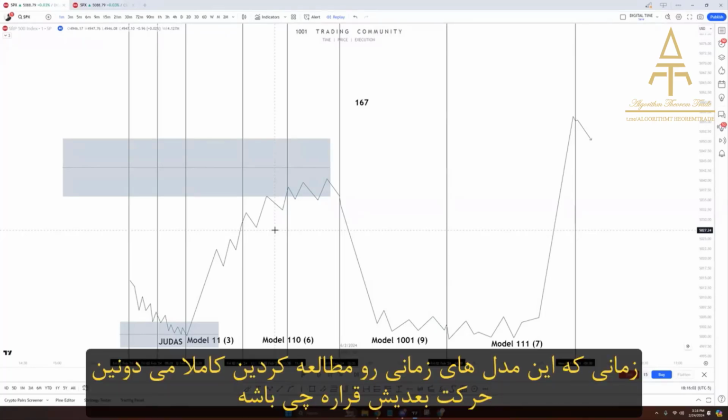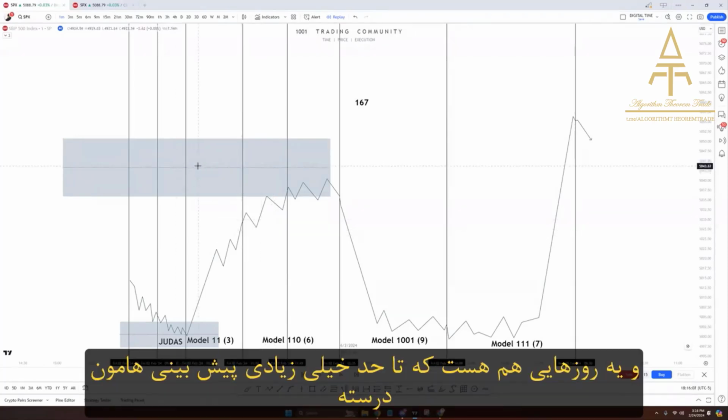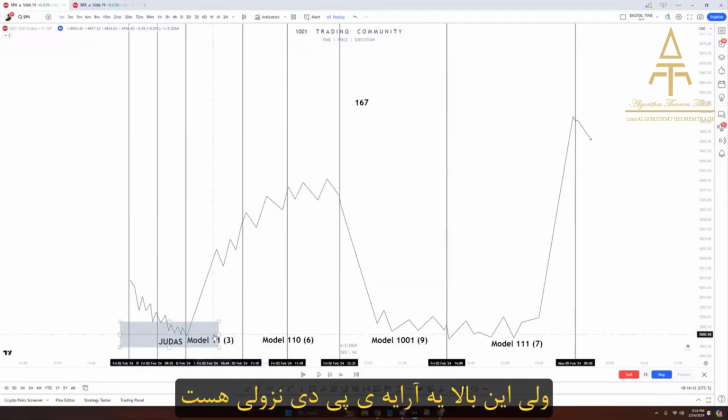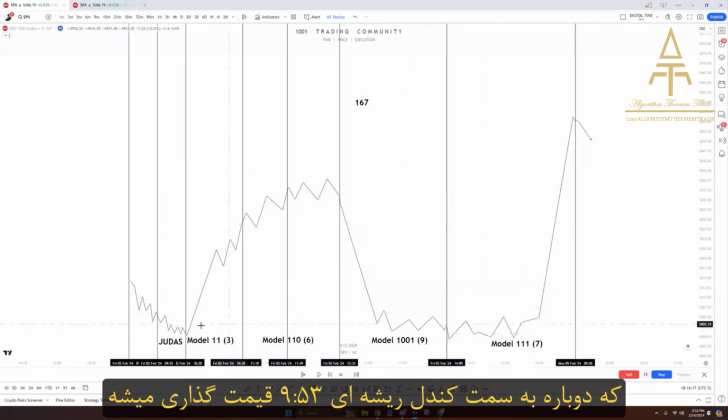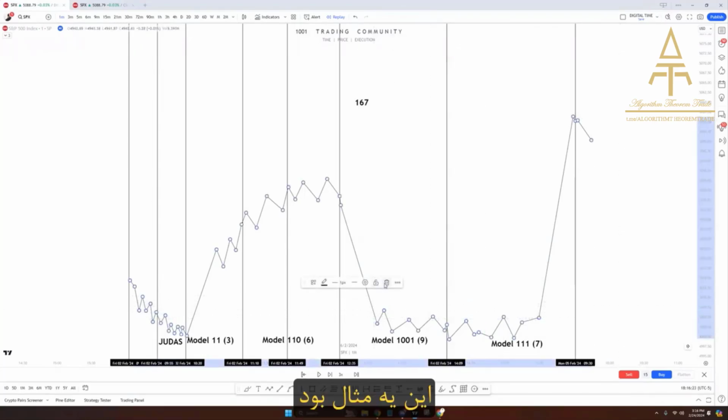Once you study these time models, you'll know, oh, it's going to do this next, right? And there's going to be some days where you have it to a high degree, the accuracy. But there's a bullish PD array, a bearish PD array up here, and then it reprices back to the 953 root candle. That's one example.